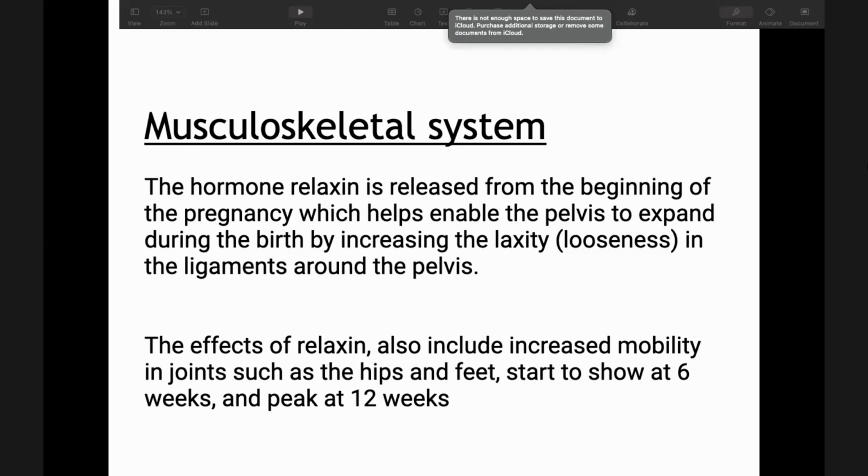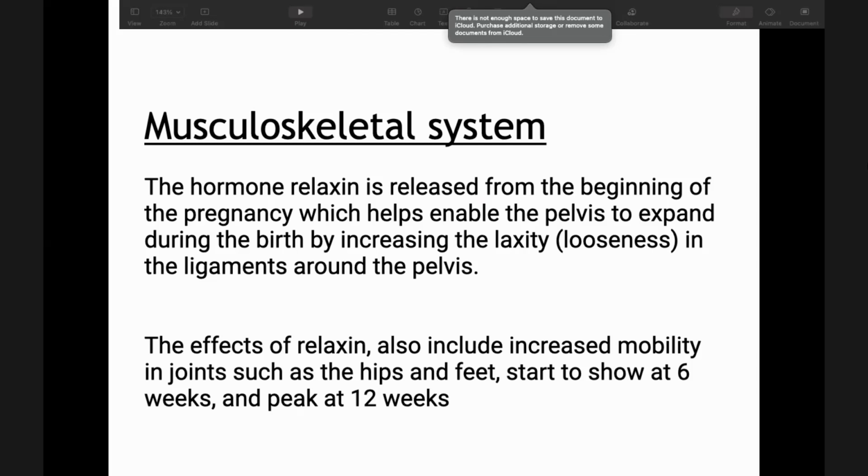These are very common. Most women will come and tell you, I have back pain, I have muscle pain. They also get carpal tunnel syndrome: there is water retention in the ligaments, the median nerve gets compressed, and they come with carpal tunnel syndrome.